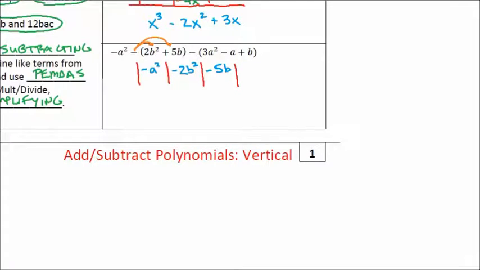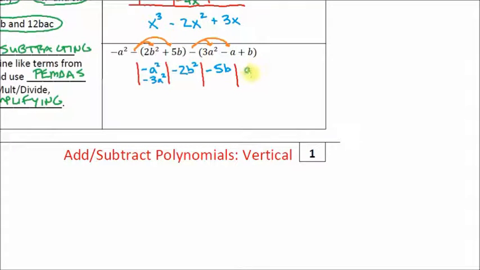All right, let's go to the next one. We've got a negative 3a squared. That's going to be negative times 3a squared, which is negative 3a squared. That can go in this bucket. Negative 3a squared. We've got a negative times a negative a. Negative times a negative is positive. So we actually have a positive a.